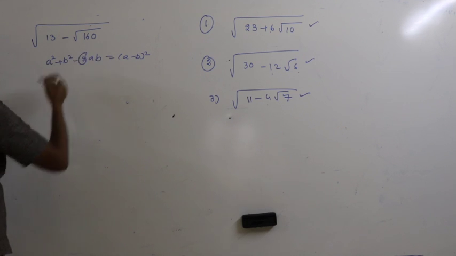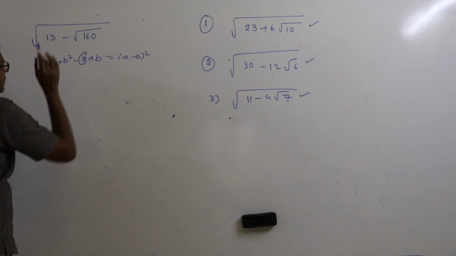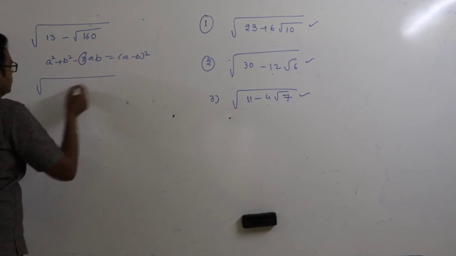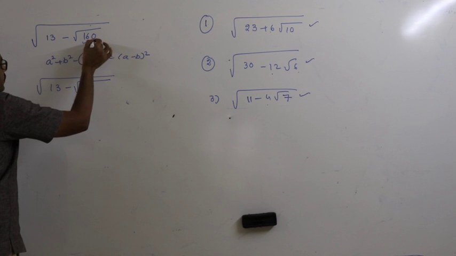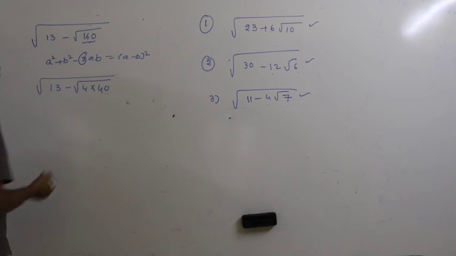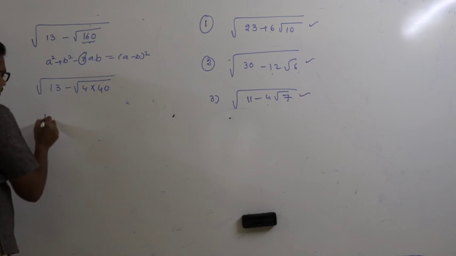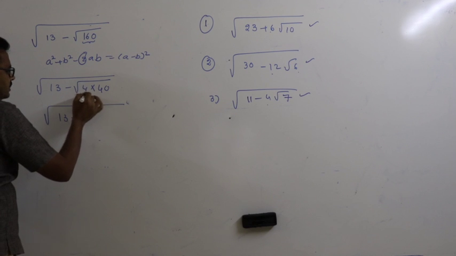Always reduce to 2 root something. If 2 is not there, you can take it outside. That is root of 13 minus root of 160; always reduce into 4 into something. 4 into 40 is 160. That is square root of 13 minus root 4, whose value is 2.